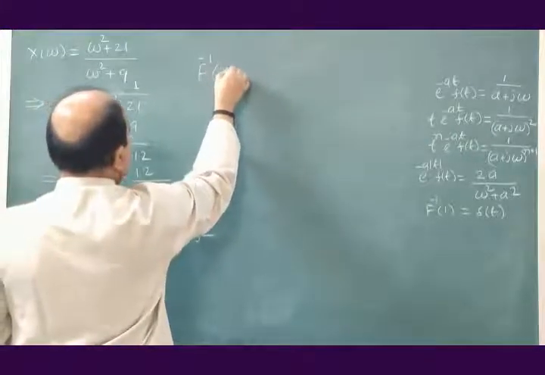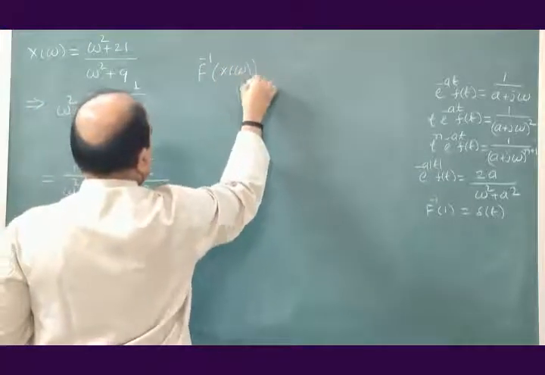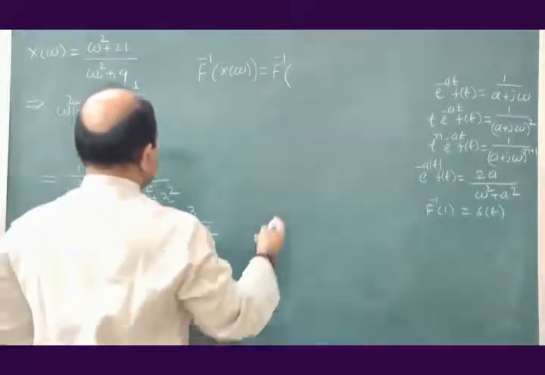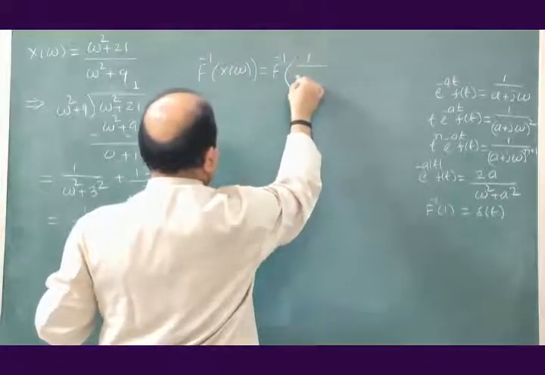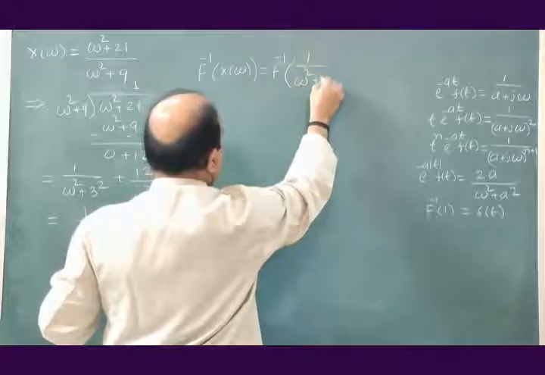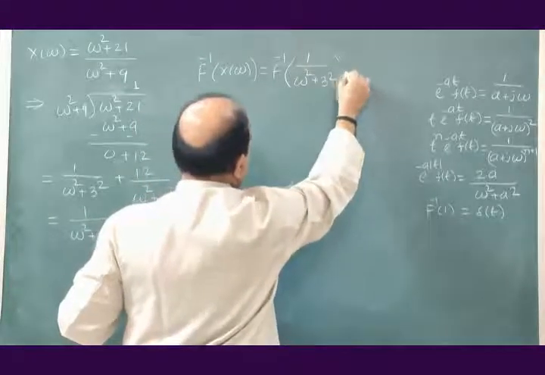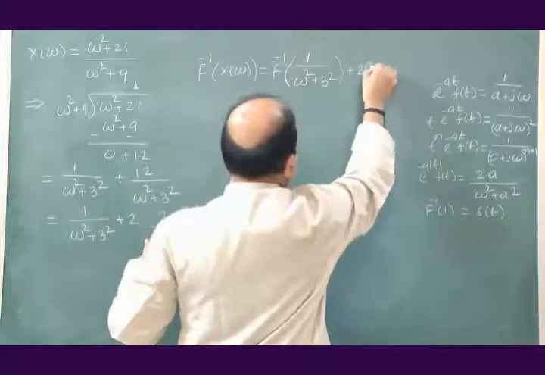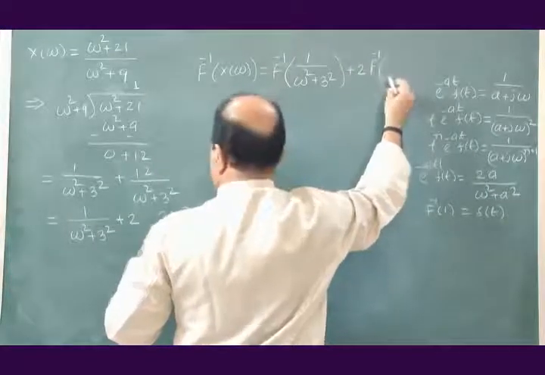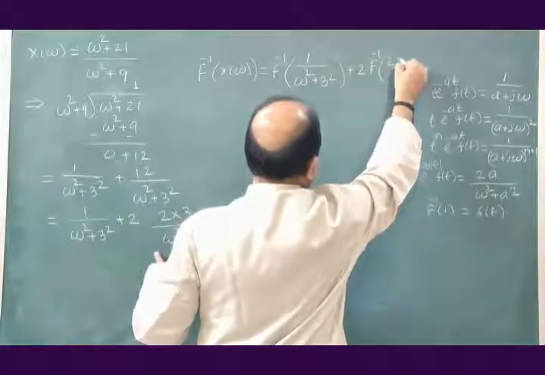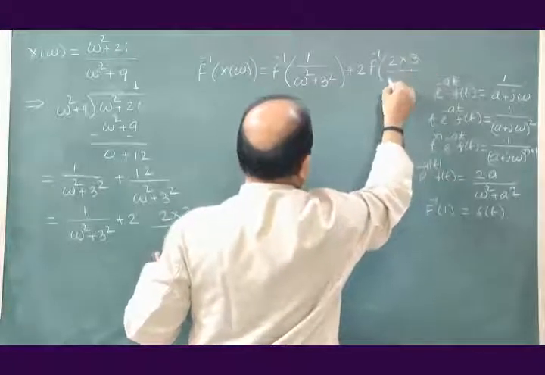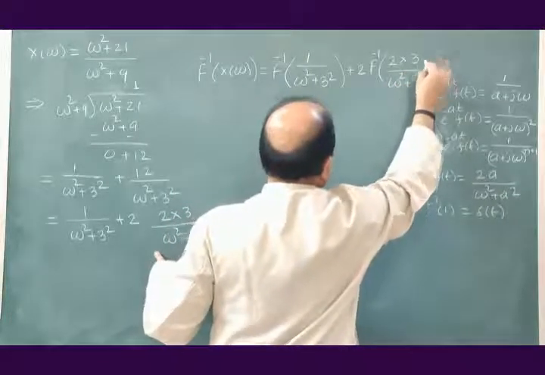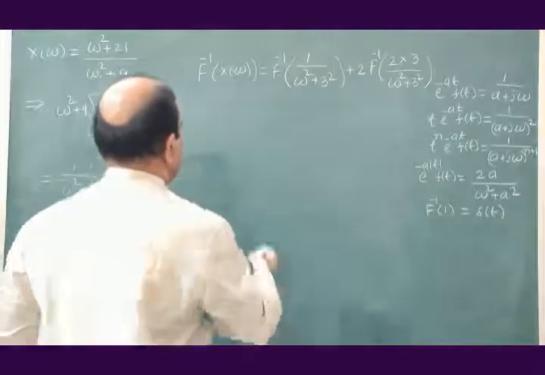F inverse of X of omega is equal to F inverse of 1 plus 2 times F inverse of 3 into 3 divided by omega square plus 3 square.